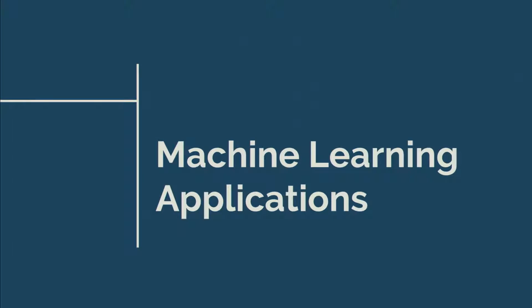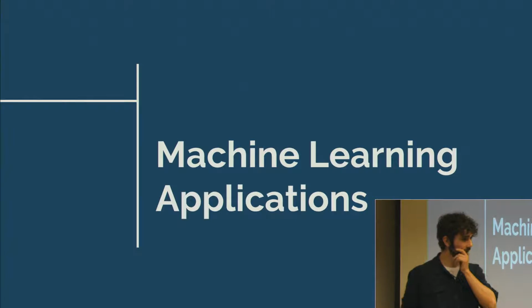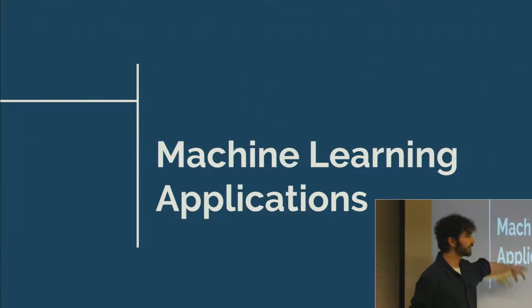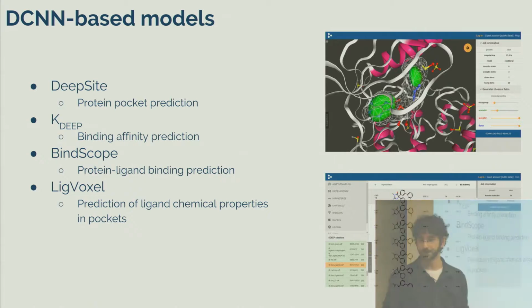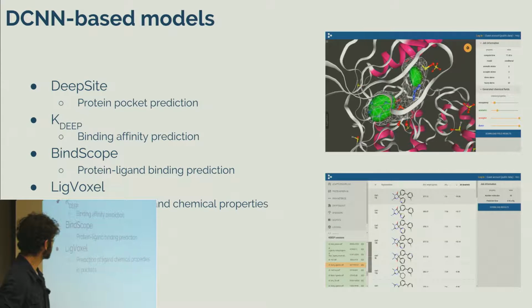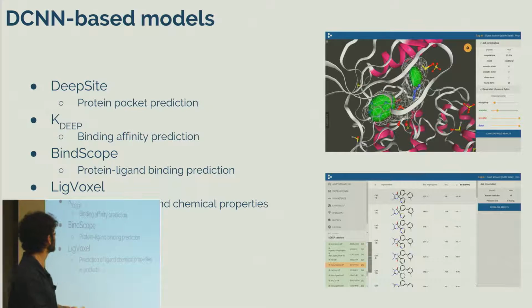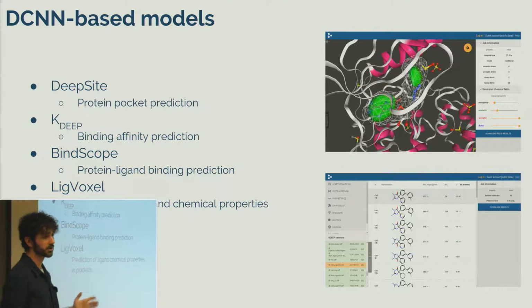So right now we're going to do an overview of the applications that are available in PlayMolecule, and we'll start with the machine learning based applications. There are several machine learning based applications, but I would say more than half of them are based on the same concept, which are deep convolutional neural networks.